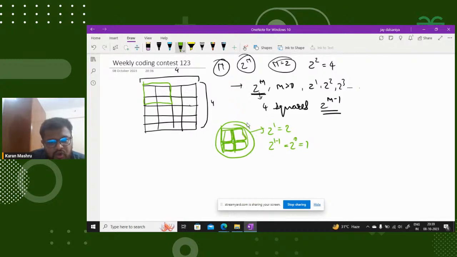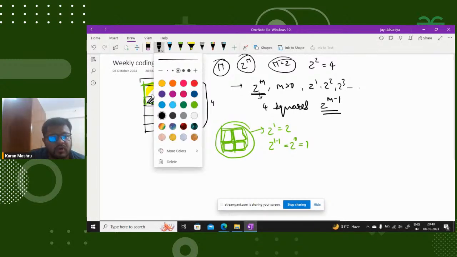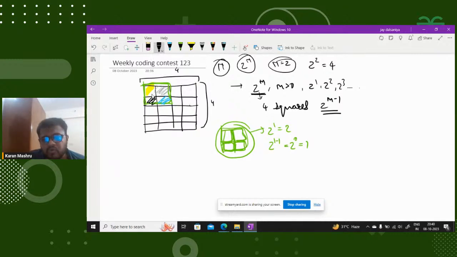So this becomes your one square, this becomes your another square, this becomes your third square, and this becomes your fourth square. In this way you need x squares, at least x squares, not exactly x squares but at least x squares.